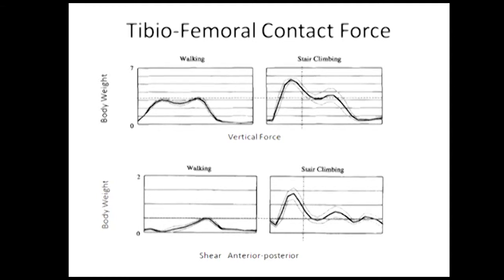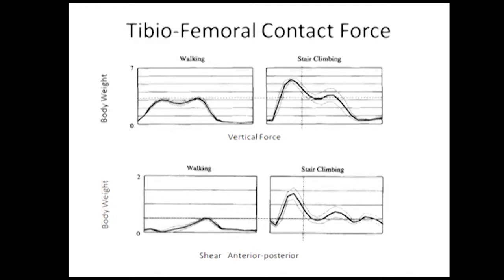So during walking, you see maybe a few times body weight, kind of a biphasic peak, just looking at the vertical force. And then in stair climbing, it goes up to 6 or 7 times body weight.